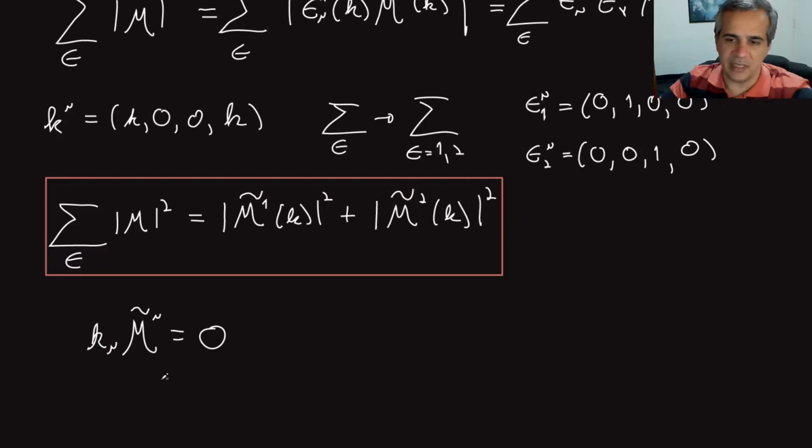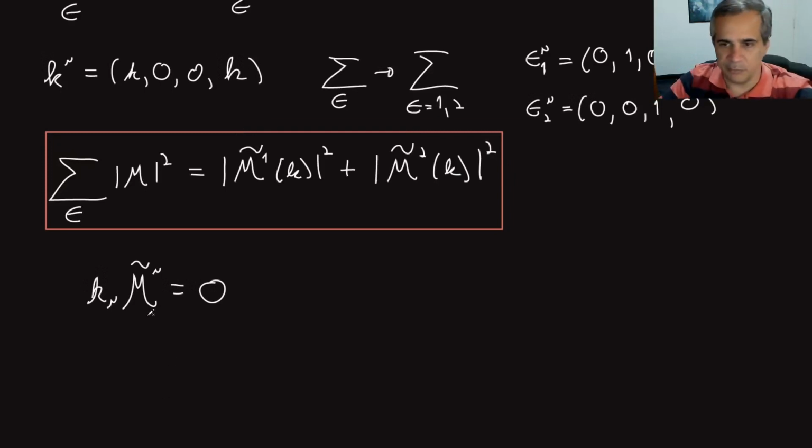Take, for instance, this equation specialized for this reference frame. Then this equation will become, with the momenta oriented like that, k times the time component of this matrix element M tilde minus k times M tilde 3.